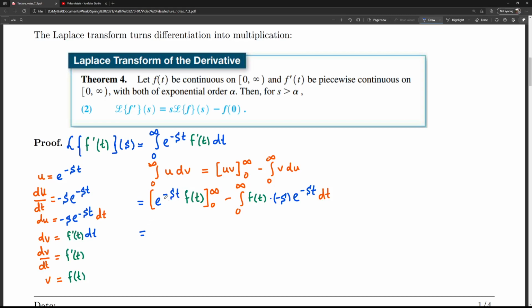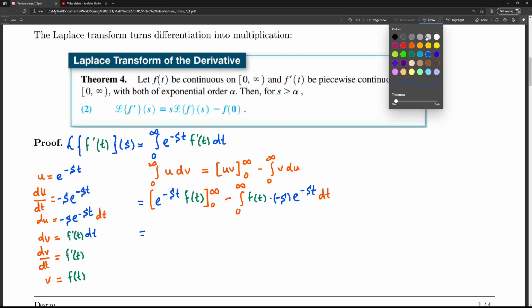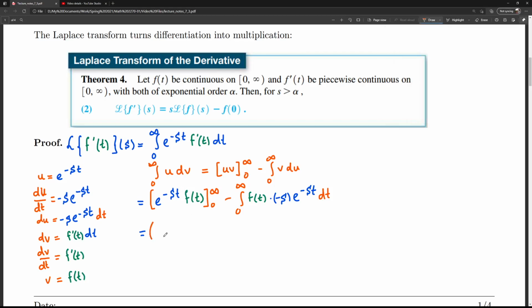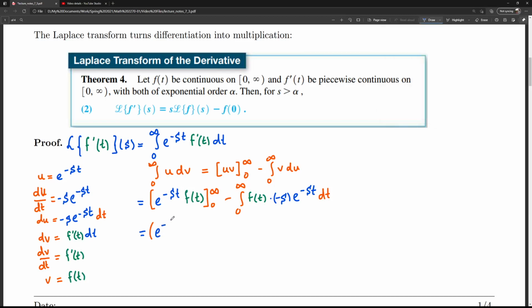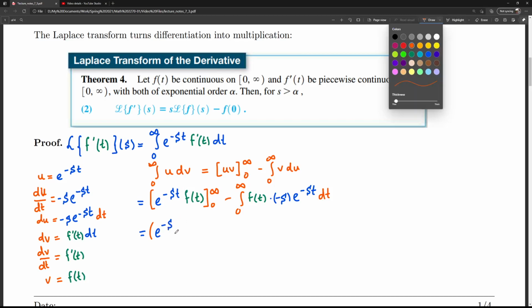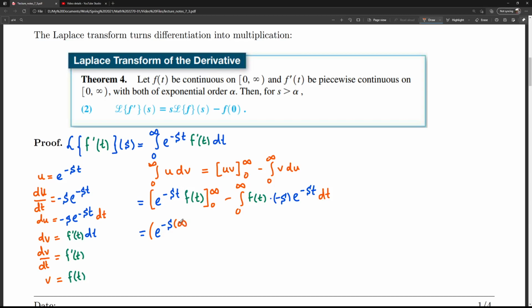So if I plug infinity into that first expression, I get e to the power negative s times infinity. Again, infinity is not a value, and so we should really think limit as n goes to infinity of negative sn, but I want to keep the notation compact here.